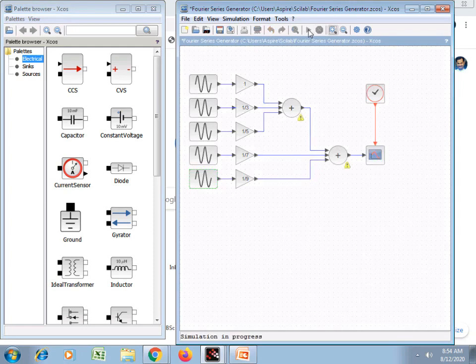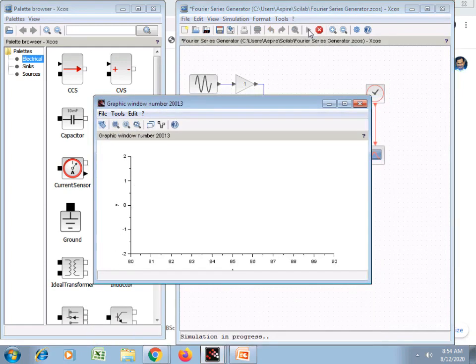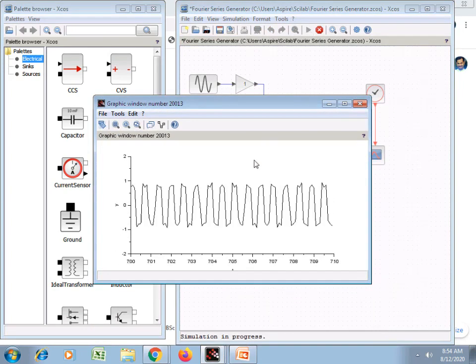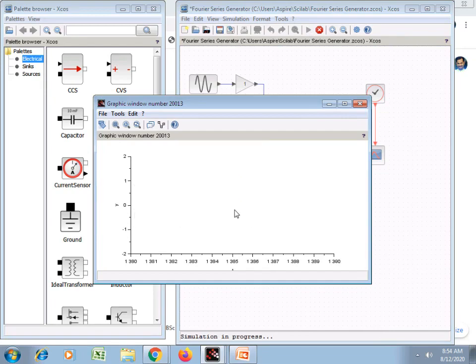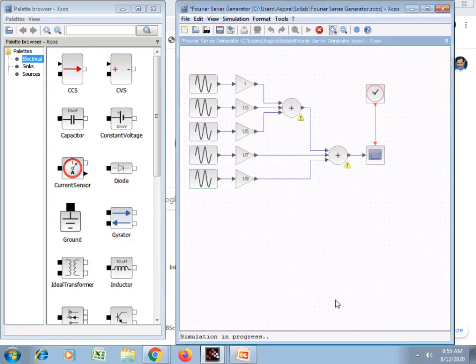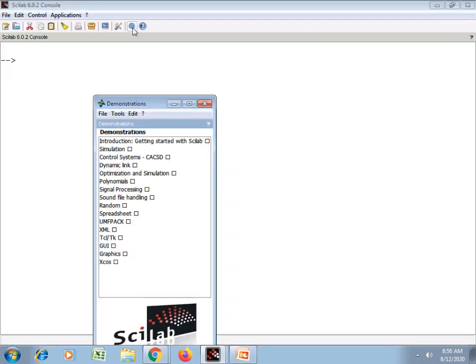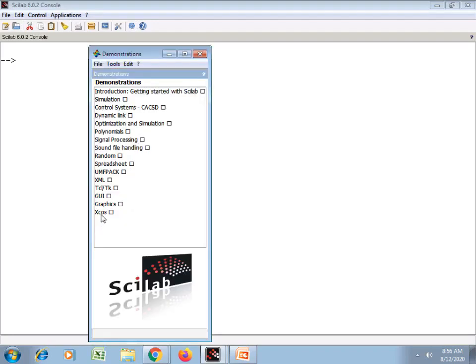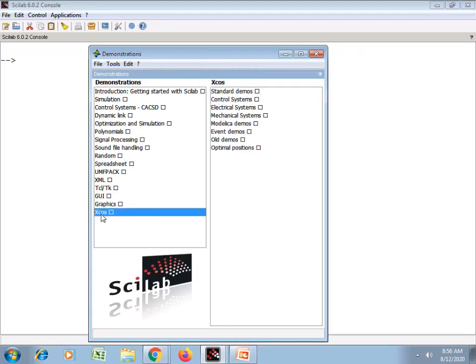So let's see. Okay, so this is like a square waveform. In this way you can create any mathematical model in this Xcos. Some Xcos demonstrations are also available in the console.